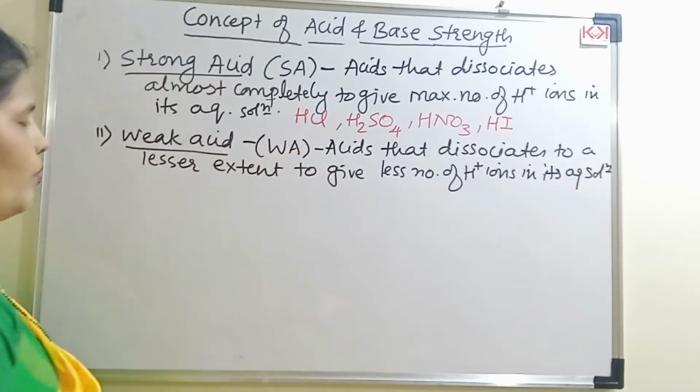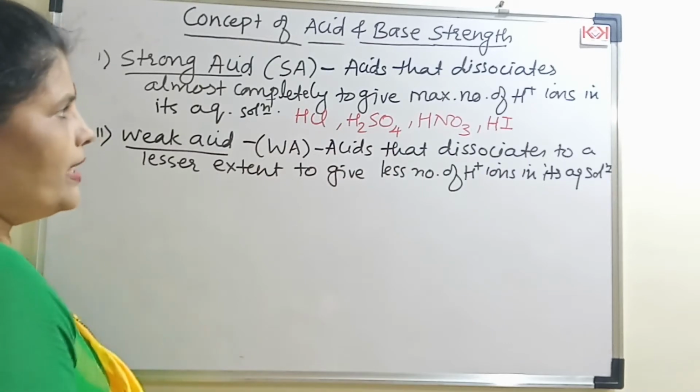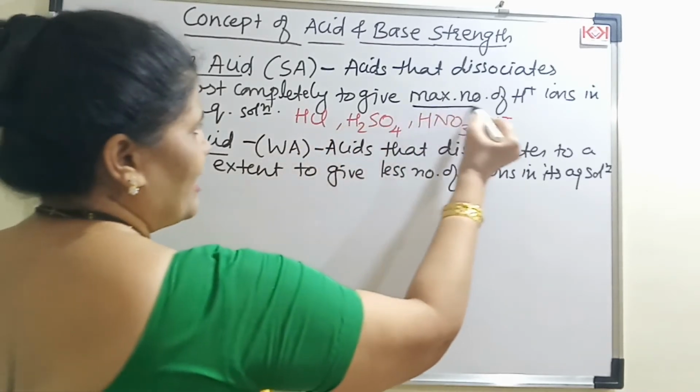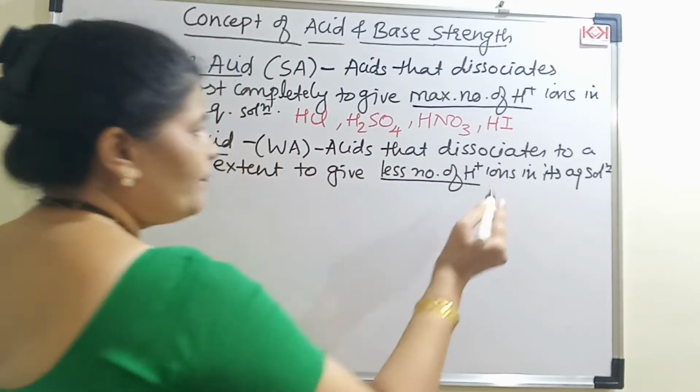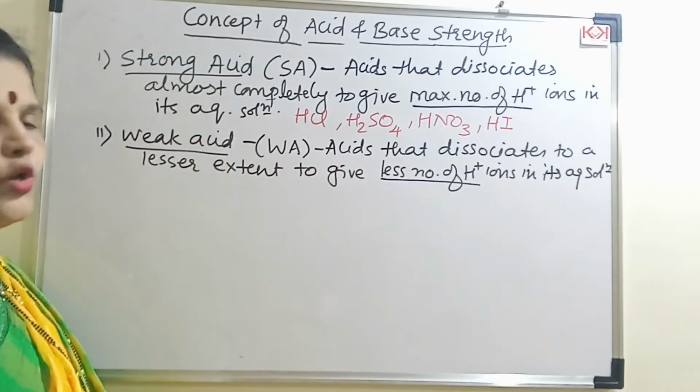So this is what a weak acid is. What is a strong acid, students? It will give you maximum number of H plus. And what is a weak acid? It will give you less number of H plus ions when dissolved in water.